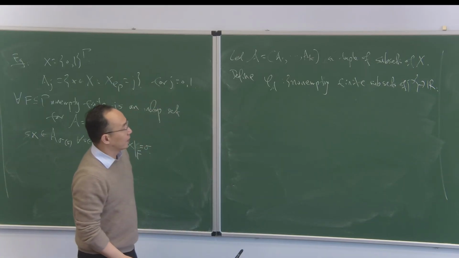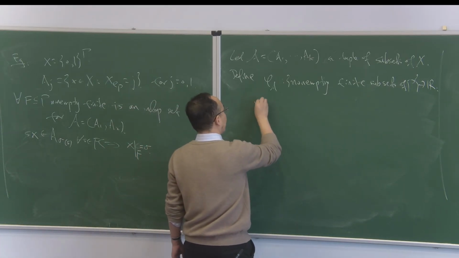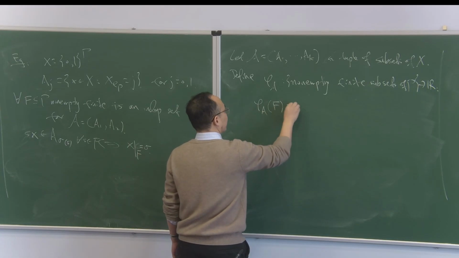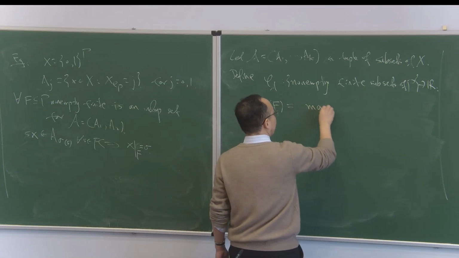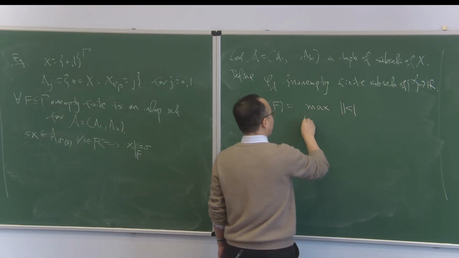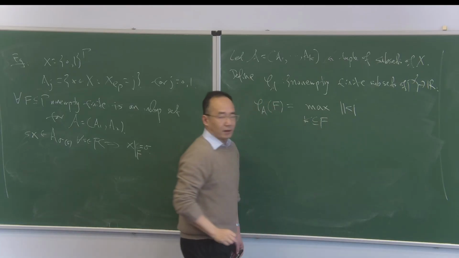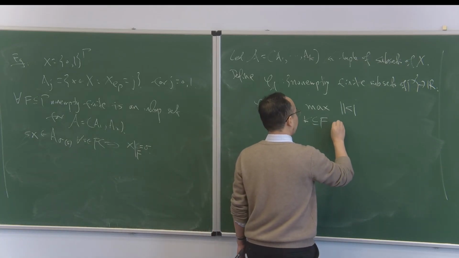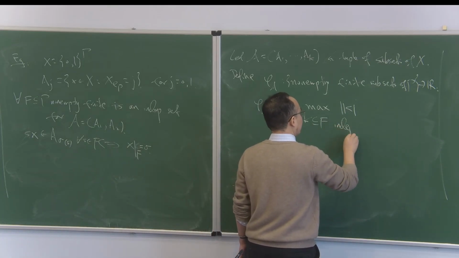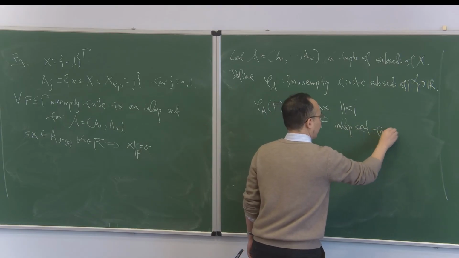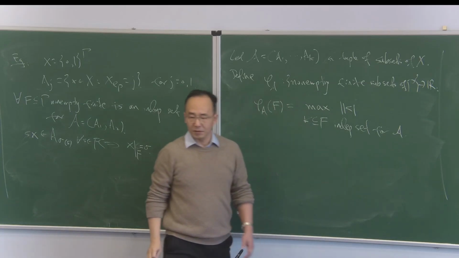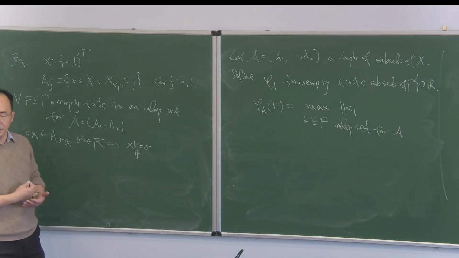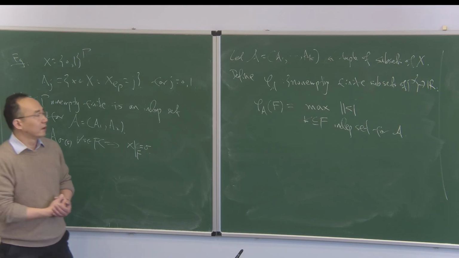It's going to be defined in a very simple way, just looking at the independence sets. It will be defined as the maximal size of K, where K is contained in F and is an independence set for A. So we simply look at all subsets of F being an independence set for A, and look at the maximum size here.